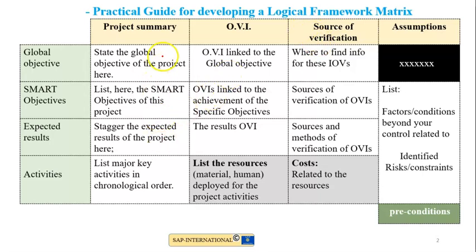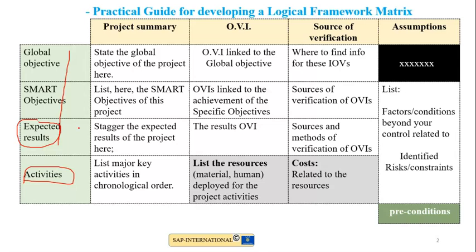And these are some few add-ons here. In fact, we have the global objective and all this, we have covered it. But I should emphasize something here on expected results. Expected results are set in three different categories.